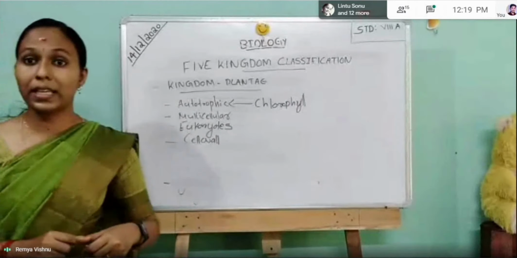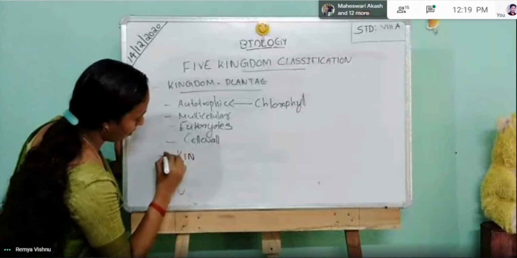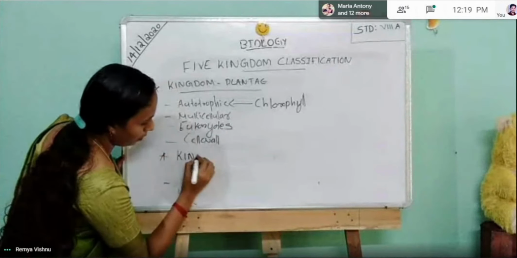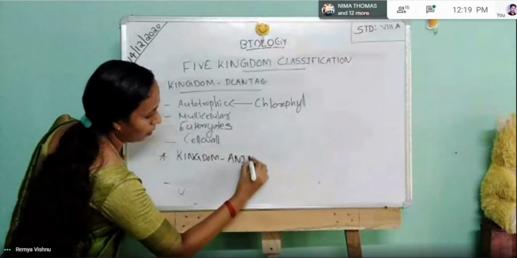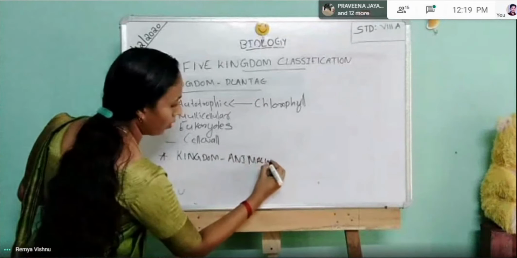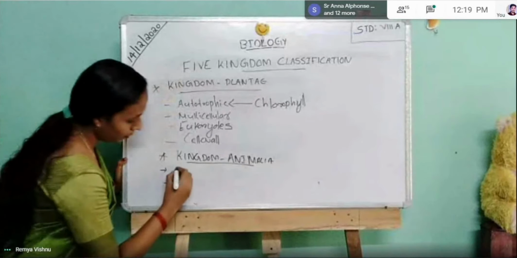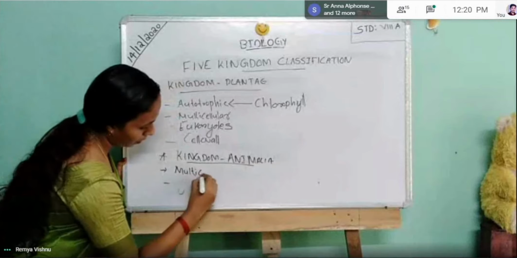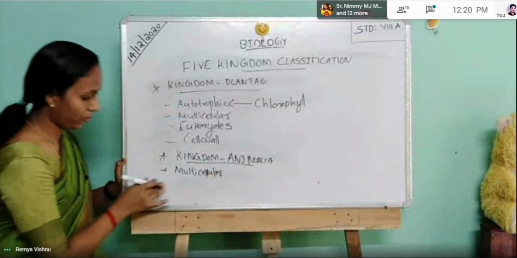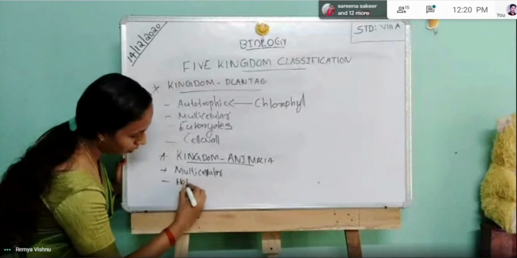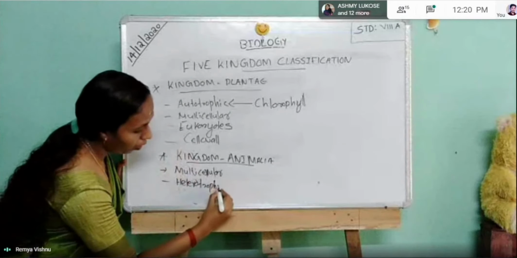The next kingdom is kingdom Animalia. These are multicellular, heterotrophic organisms.